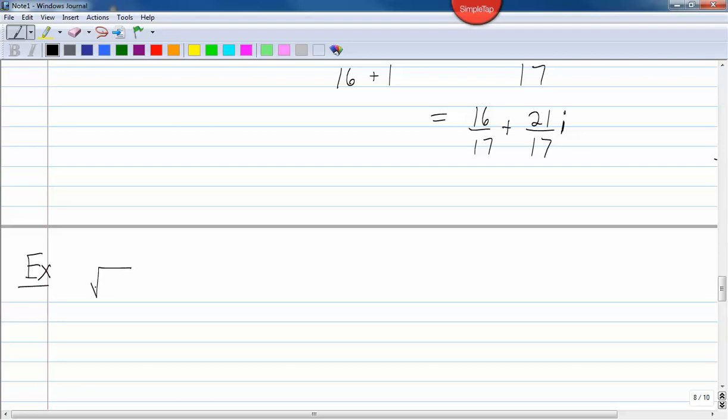The square root of negative 12 plus the square root of, let me come up with a good one, negative 48.